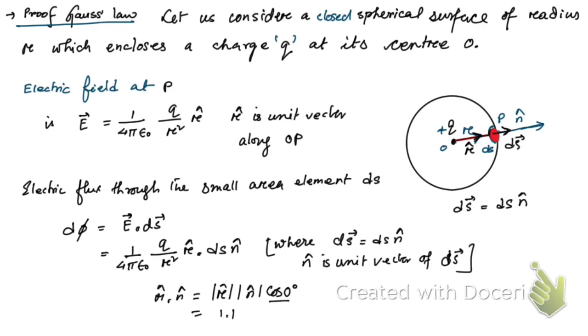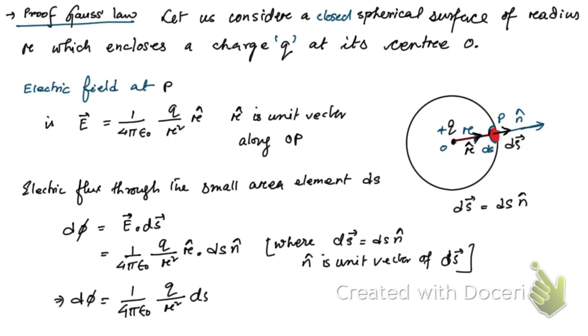So n cap dot r cap is equal to 1. So finally we're going to get d phi equal to q by 4 pi epsilon naught r square ds, because the dot product of r cap and n cap is 1.